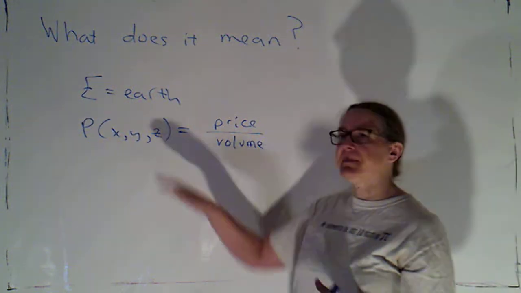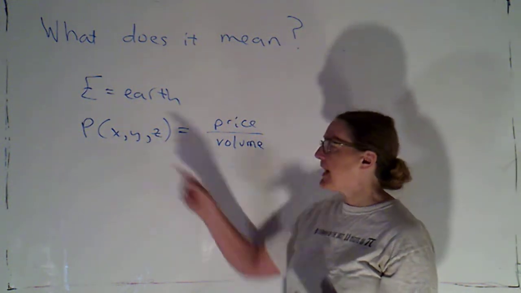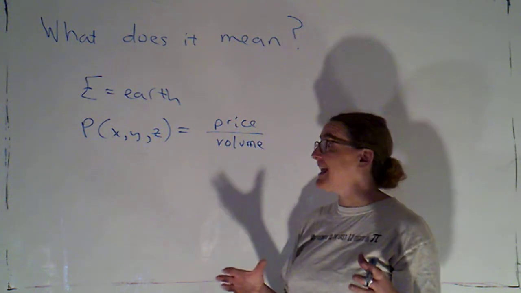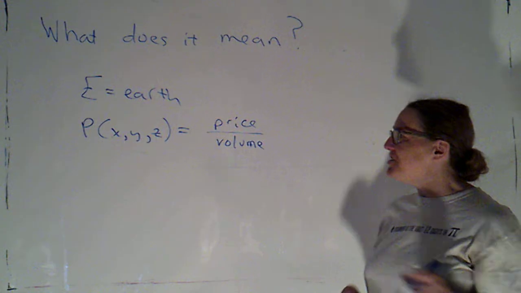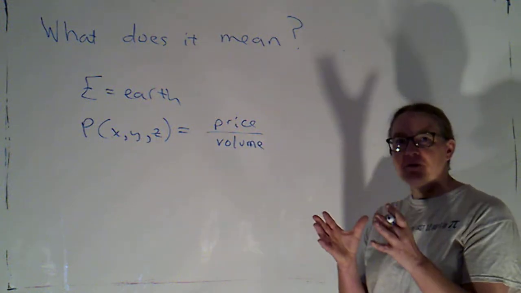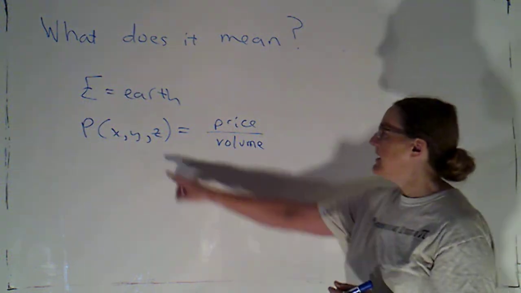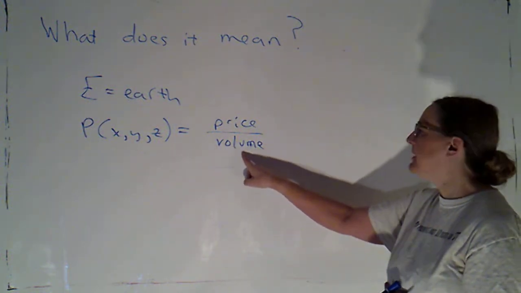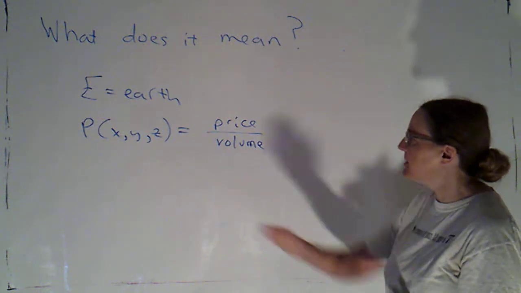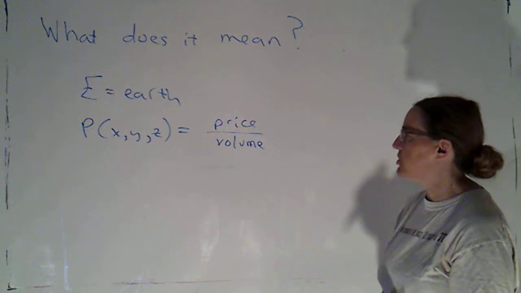So just like with the density functions that we had for mass and charge, I would have to accomplish this function by taking a limit. I would basically chop the earth into little pieces. For each piece, I would find the value of that piece, divide by the volume of that piece, and then take a limit as we shrink to a point, because of course an individual point won't have any volume. But this would be the limiting function of the price per unit volume as we shrunk to a point.